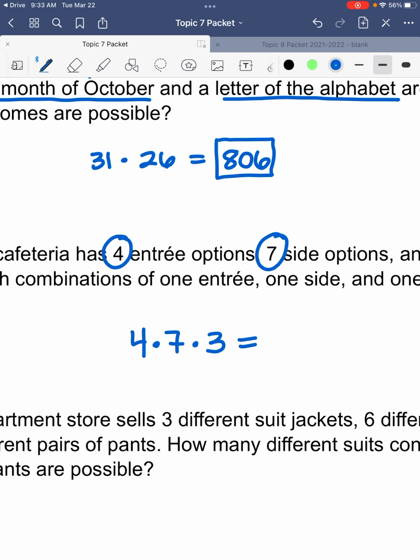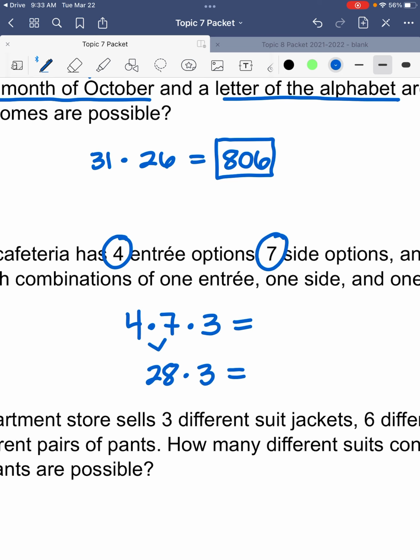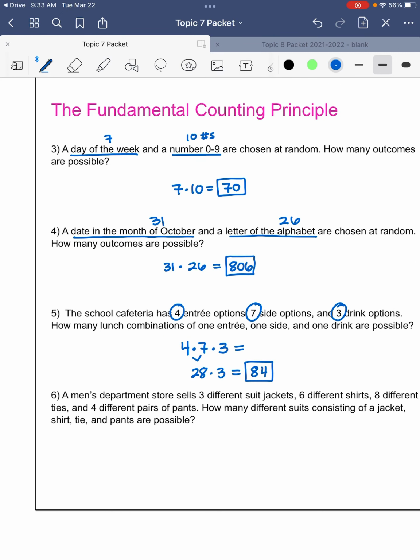So I can put that all into my calculator, or I can simplify it first. I do know that 4 times 7 is 28, so 28 times 3 is a little bit easier. And I get 84. So there are 84 total combinations or total options.